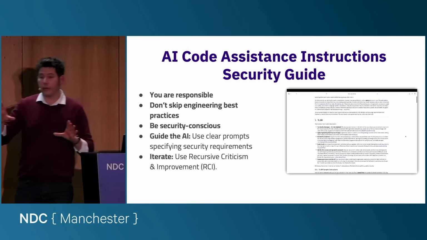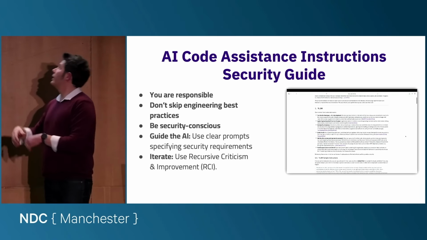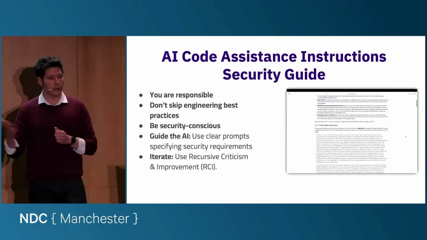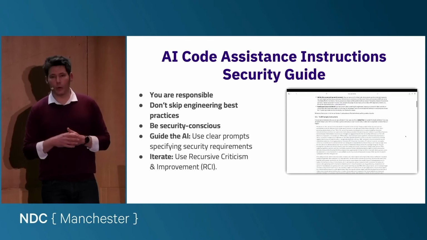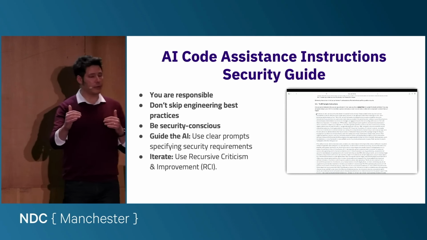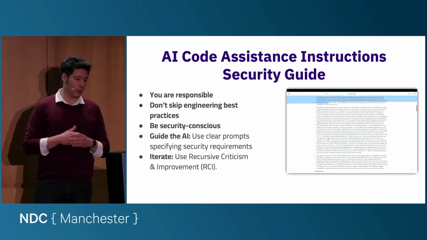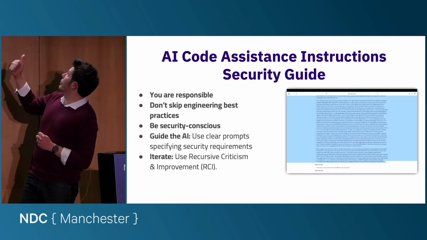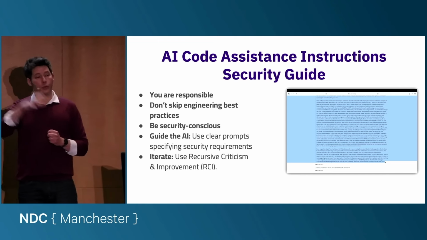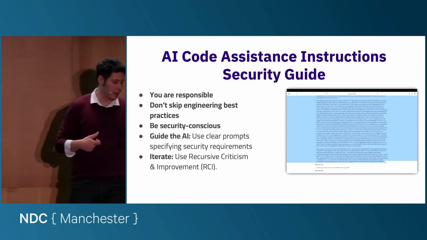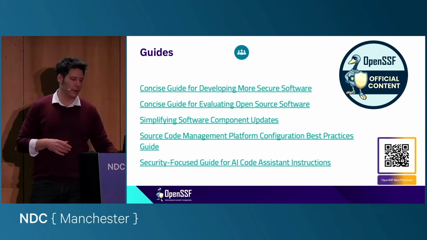Now, you can learn more about all of these in this guide, the AI Assistant Instruction Guide by the Open Source Security Foundation. This is a collaboration between the Best Practices Working Group and the AI/ML Working Group. You can also take the prompt that we provide here and use the actual guide as a meta prompt for generating your own prompts.